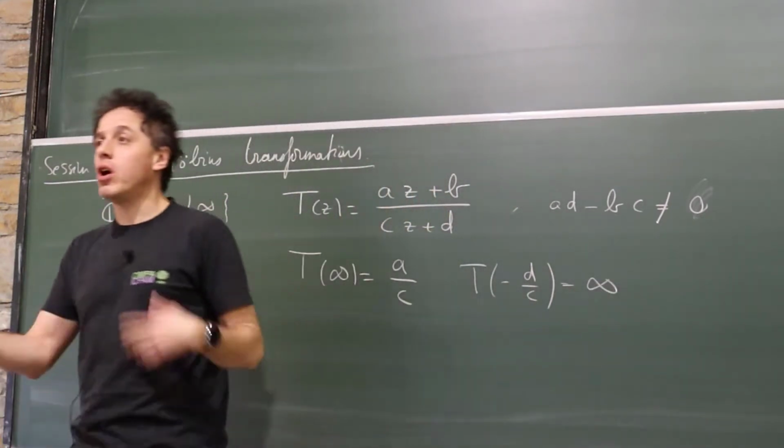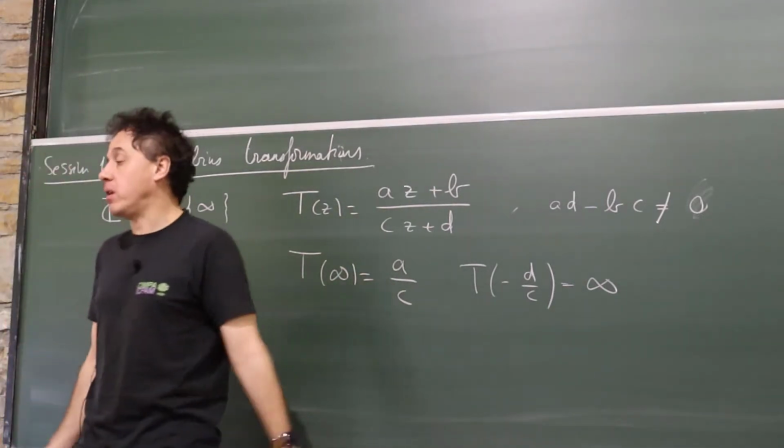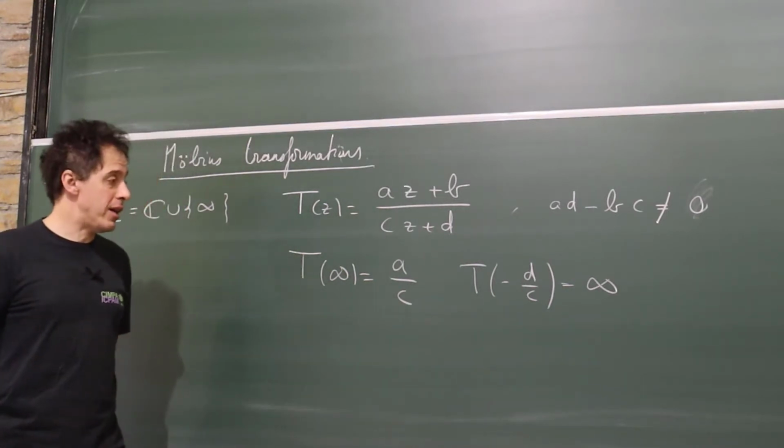So with these conventions, we have defined a bijection between C bar and itself.